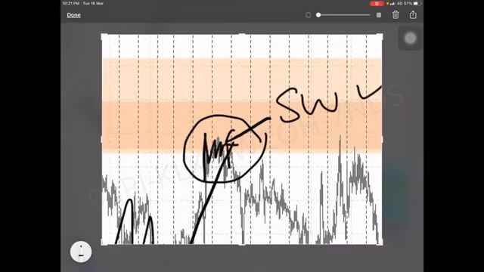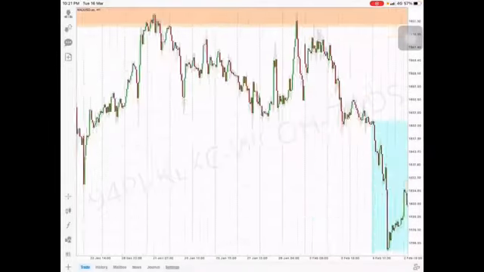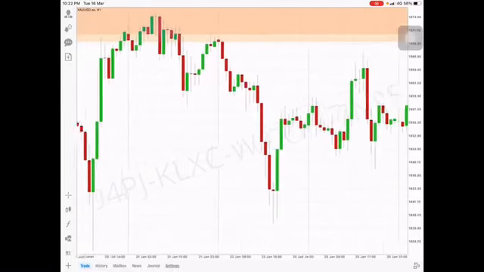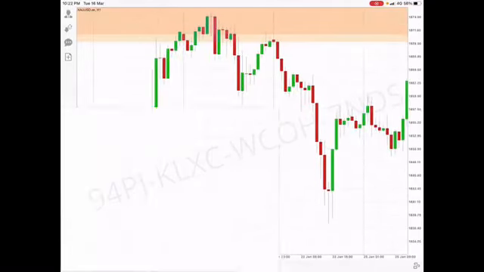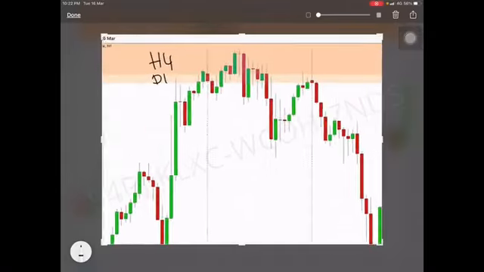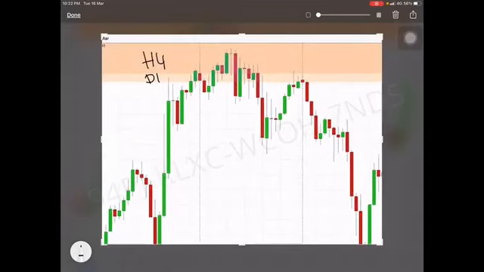Yes, so there is also sideways inside of the zone. So now, when the price reached the zone, this one is the H4 zone and this one is the daily zone. As you can see, the price has broke out of the H4 zone. This is the sell breakout, right?